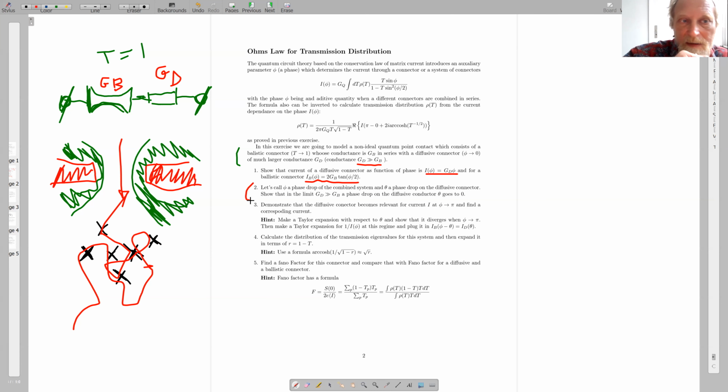We need to distribute phase drops and give the names. And I guess here I could put the phase to 0. It's like a grounding, so any part of an electric circuit can be grounded. The same here with phases. So this is 0 and the drop over the diffusive conductor, etc. And what we found here is phi, the overall phase.